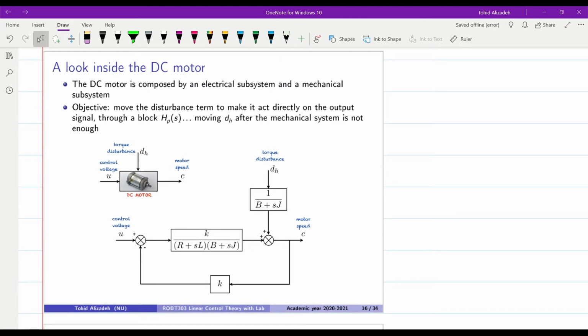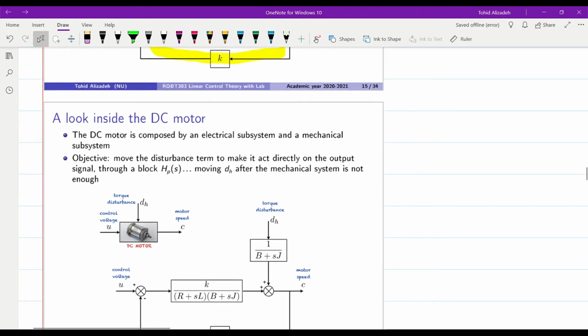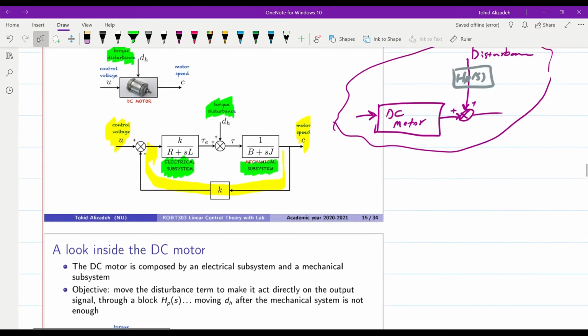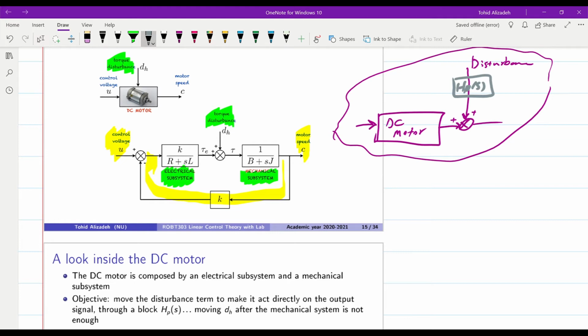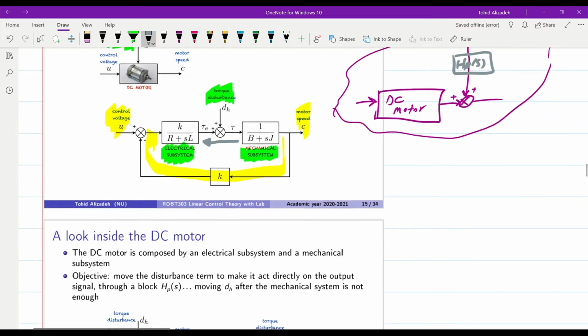We can try to move the mechanical subsystem's block in this way, so we can move it before this summing point, and obviously it will appear on the path of the disturbance if it moves there.